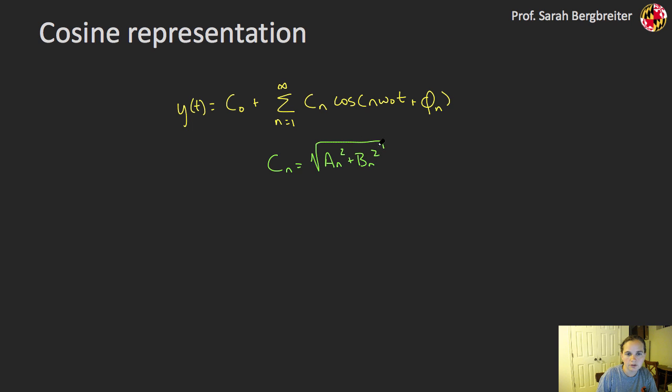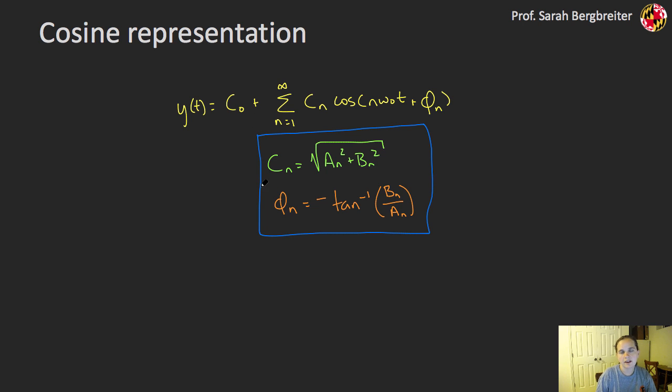And phase, as defined here with this plus term, is going to equal the negative inverse tangent of bn over an. Okay, and this is interesting because I now have these two components, C and phi, along with C naught, that are defining kind of every harmonic and the fundamental frequency components of my Fourier series.